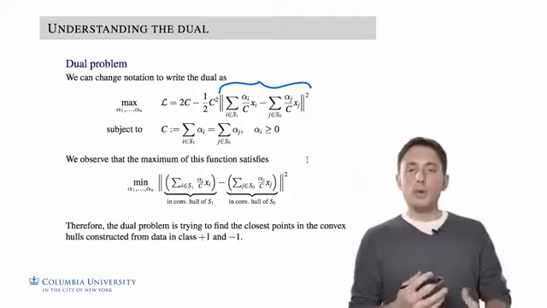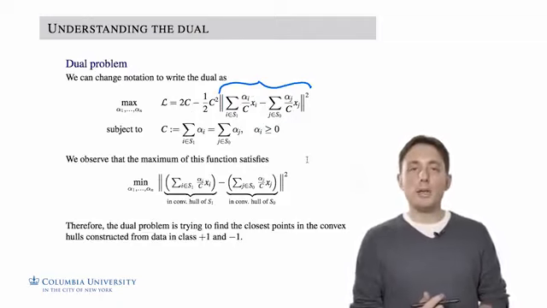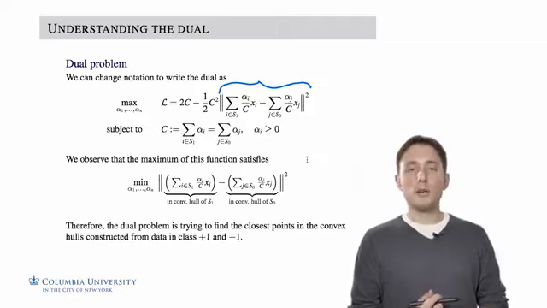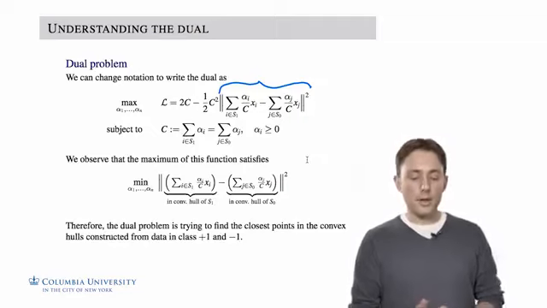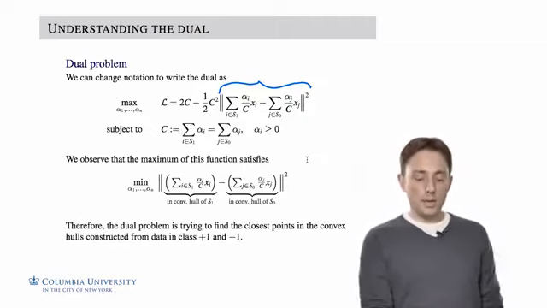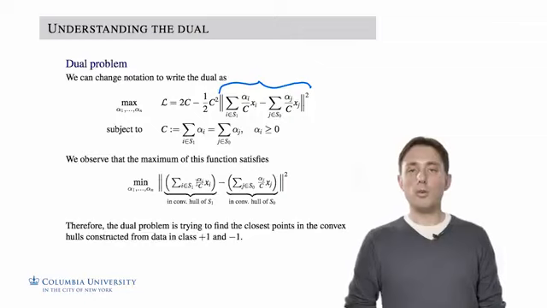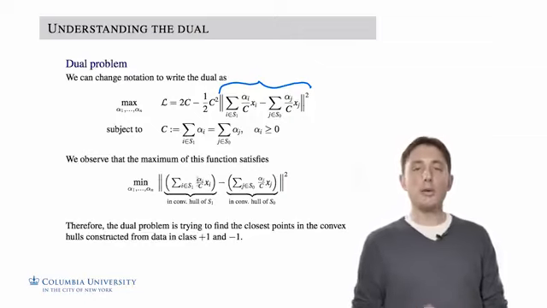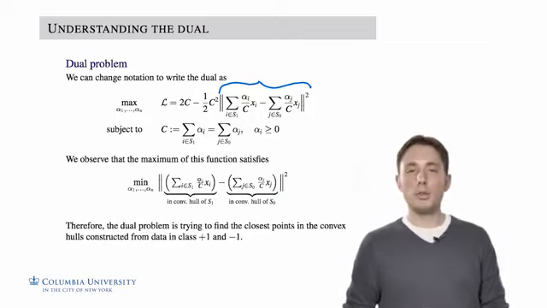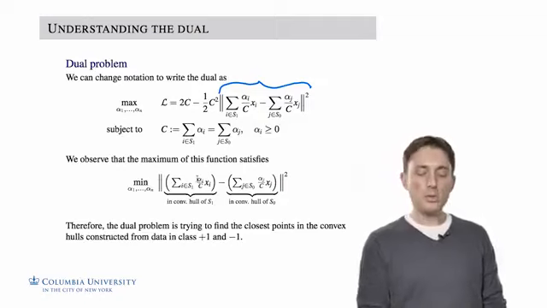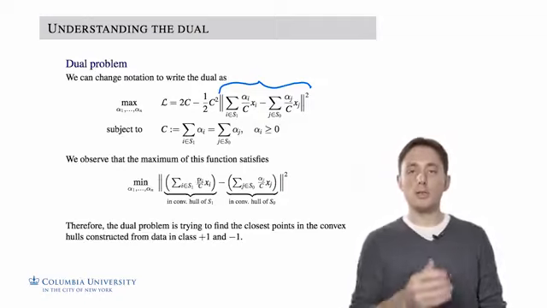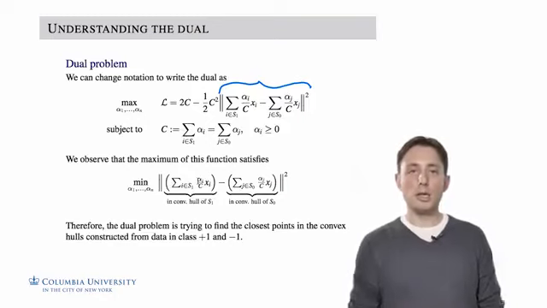So when we think through what the primal is trying to do by maximizing over the Lagrange multipliers, alpha 1 through alpha n, we can think of it as finding the weights alpha 1 through alpha n such that if we construct a probability distribution using those points, we take all the alphas for class 1 and construct a probability distribution by normalizing them.